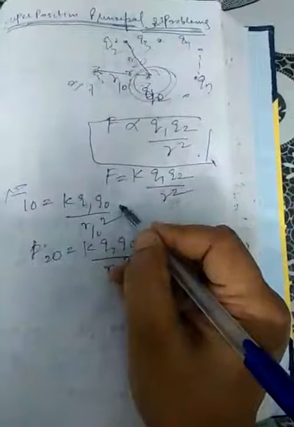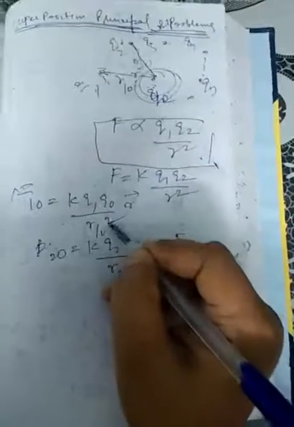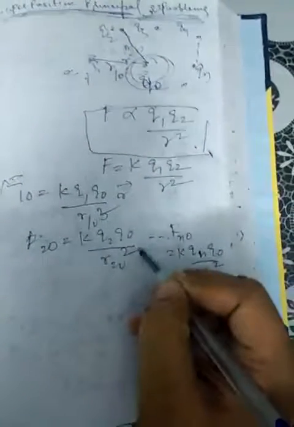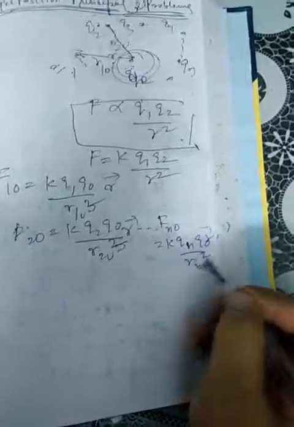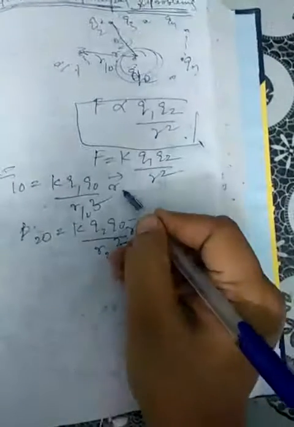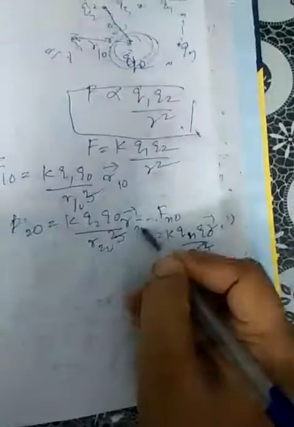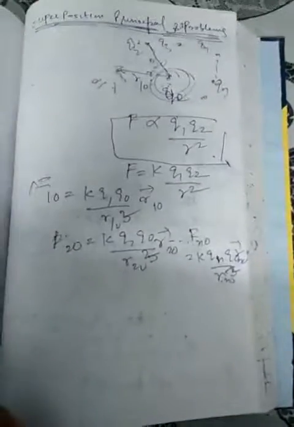So this was all about Coulomb's law, and in vector form it will be r vector upon r cube, that means r1 0 vector, r2 0 vector, rn 0 vector upon r cube.